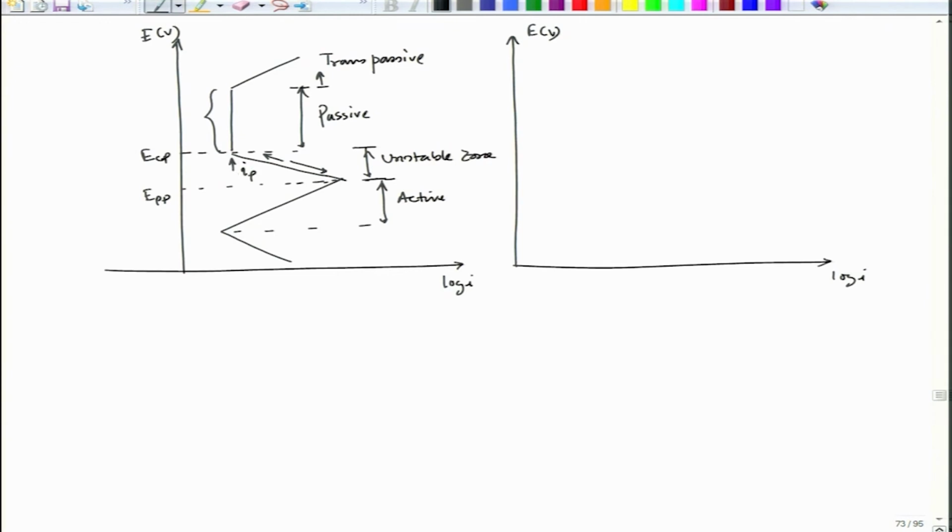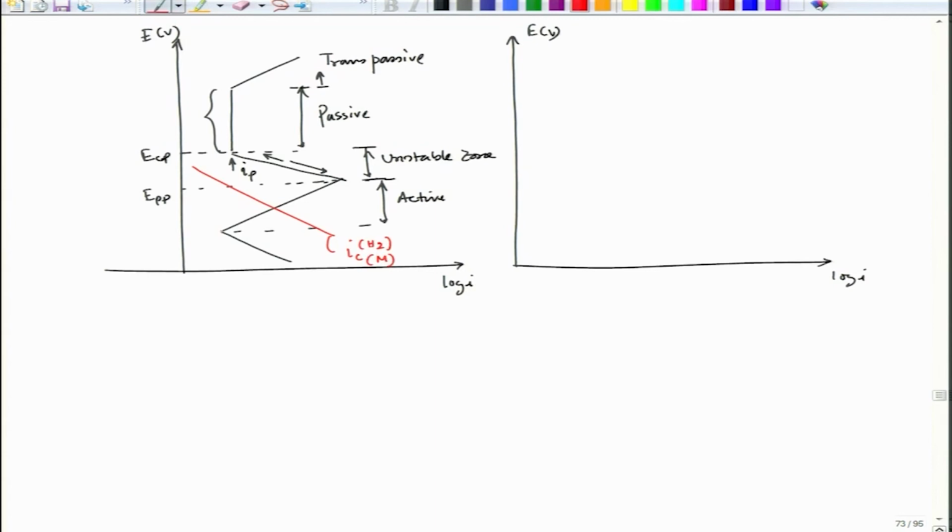Now, if the hydrogen evolution reaction interacts with this particular plot, let me put this hydrogen evolution reaction in red color. So, this is the hydrogen evolution reaction, which is IC hydrogen on the metal surface.